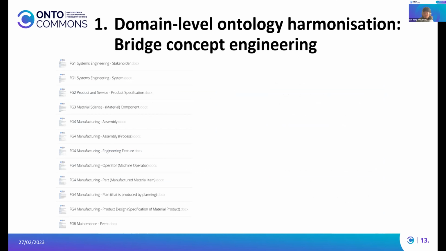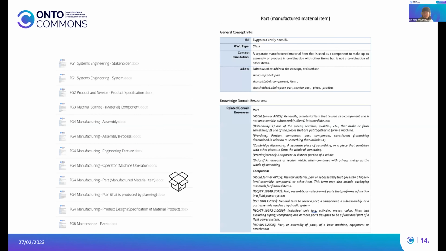So we managed to produce 12 bridge concepts spread over the 5 focus areas. If I take the bridge concept part as an example, by part we mean any manufactured material item. So we analyzed the different definitions and terms that are used in the knowledge domain.